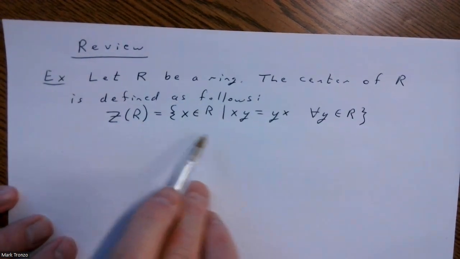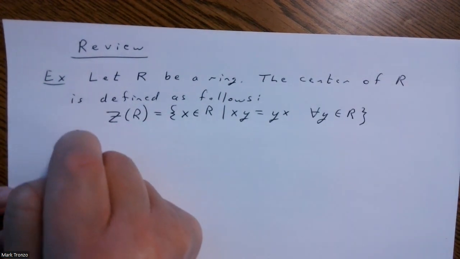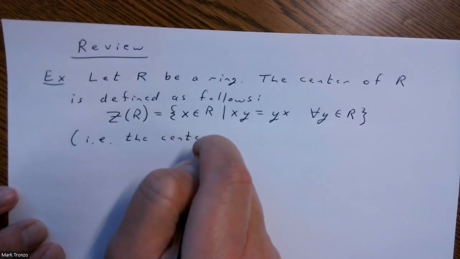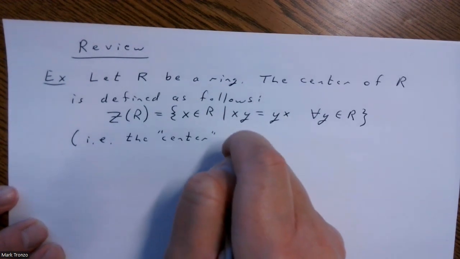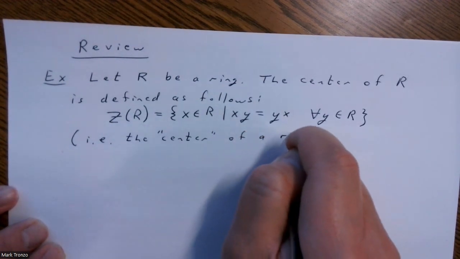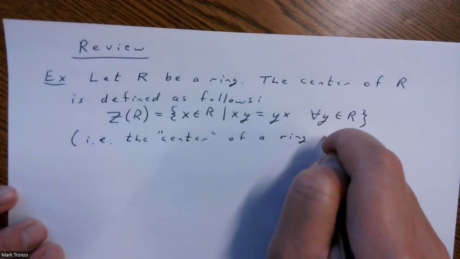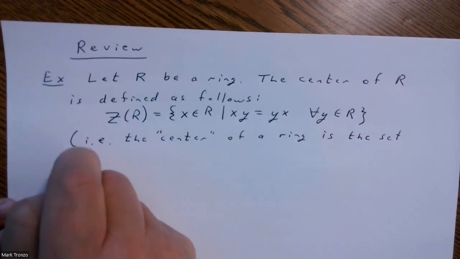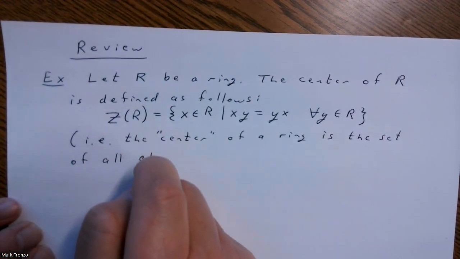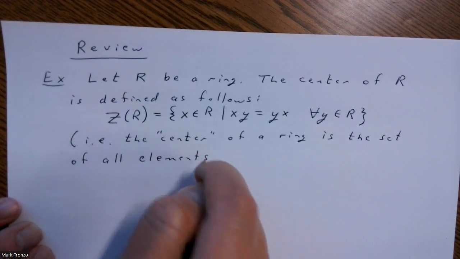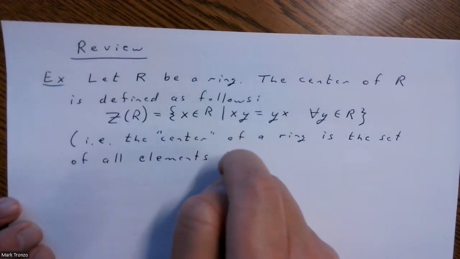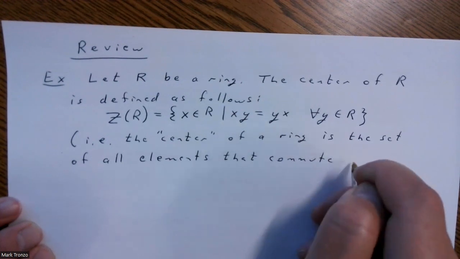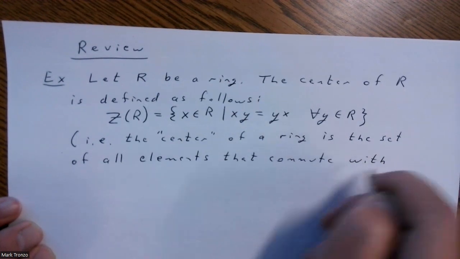In other words, let me put this in words, i.e., the center of a ring is the set of all elements that commute with every element in the ring.